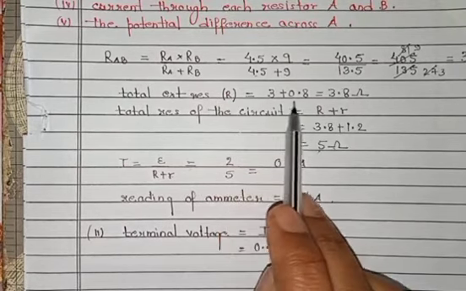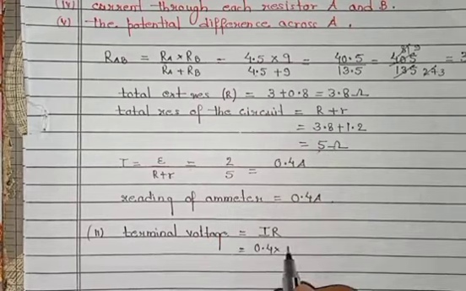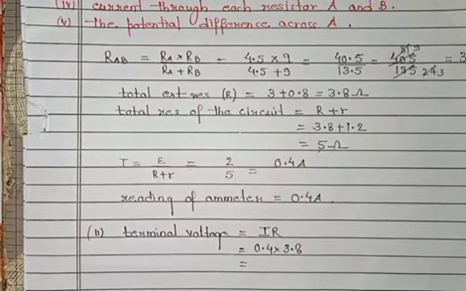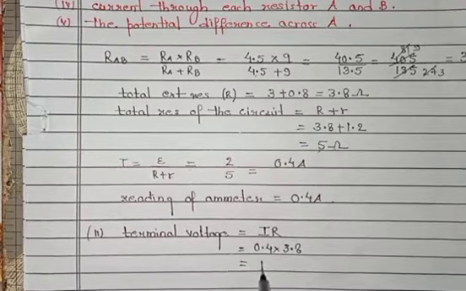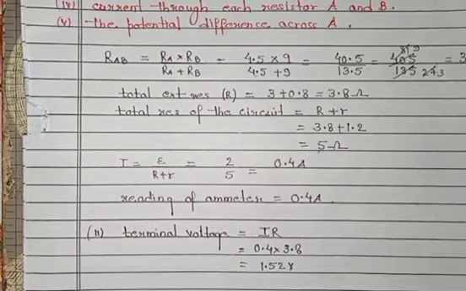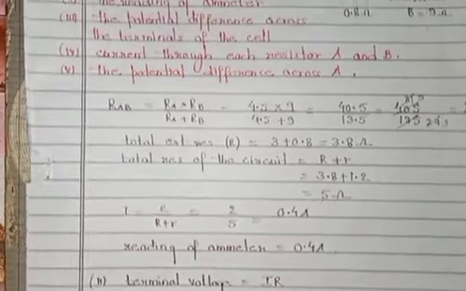So you can see the total external resistance is 3.8. So if we multiply 3.8 by 0.4, we are getting 1.52 volt. So that will be the potential difference across the terminals of the cell.